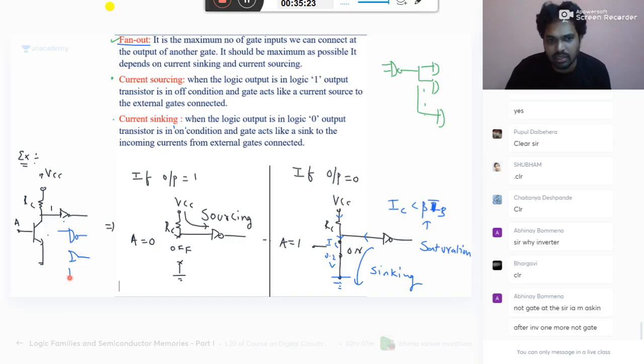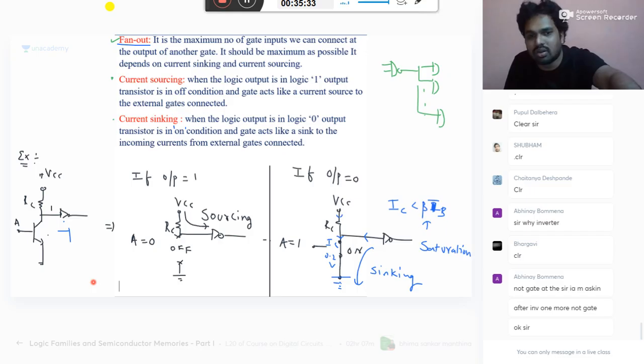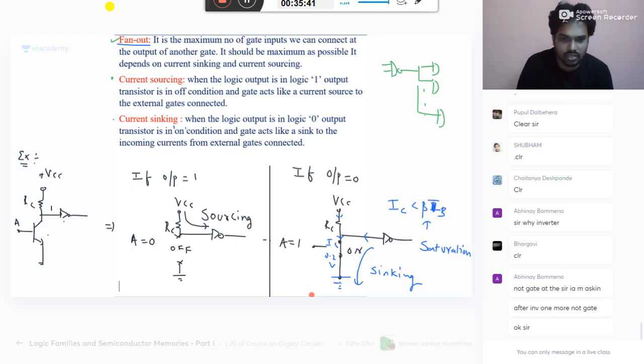It can be any gate input, just an input of some gate. It doesn't matter. There is no rule that you should connect NOT to NOT. It can be any gate. Just for a general example, we took this. Now let's take one example.